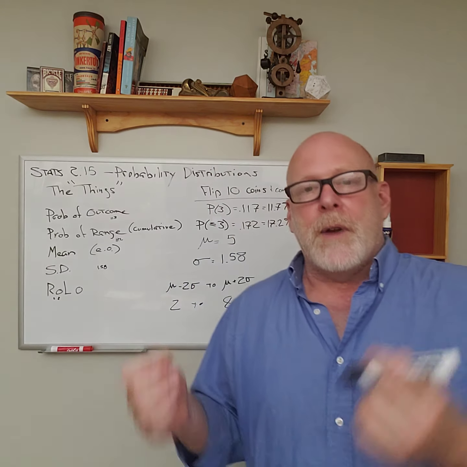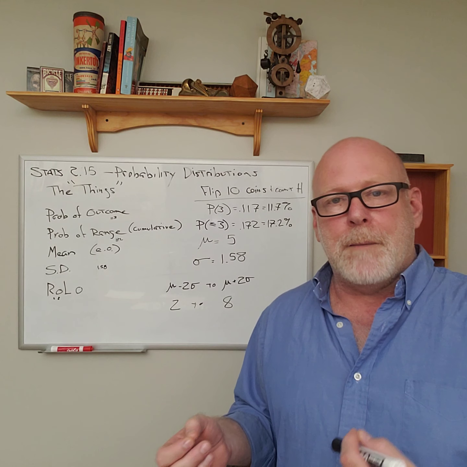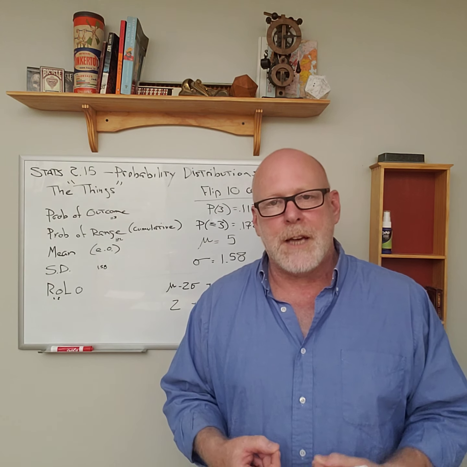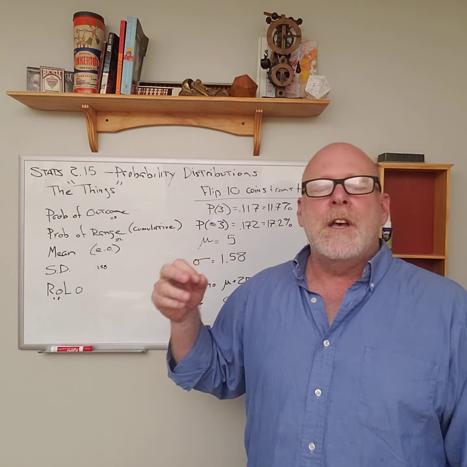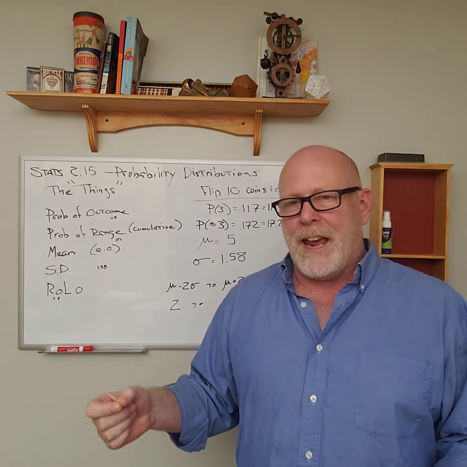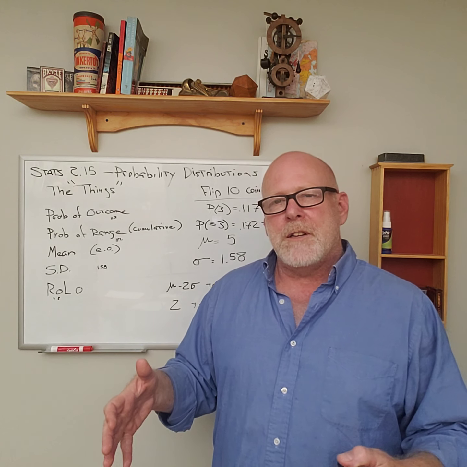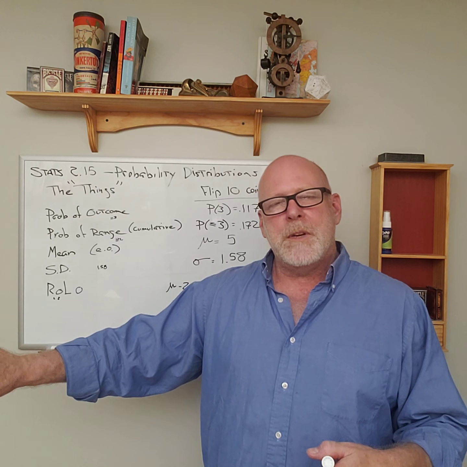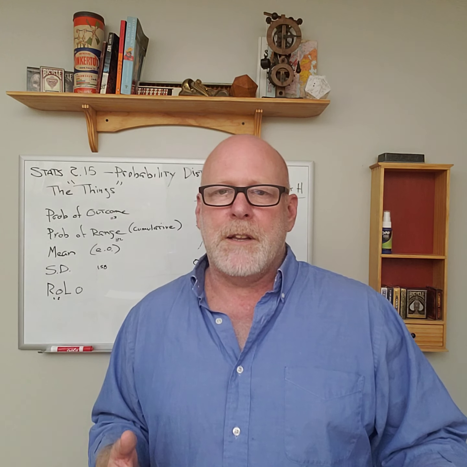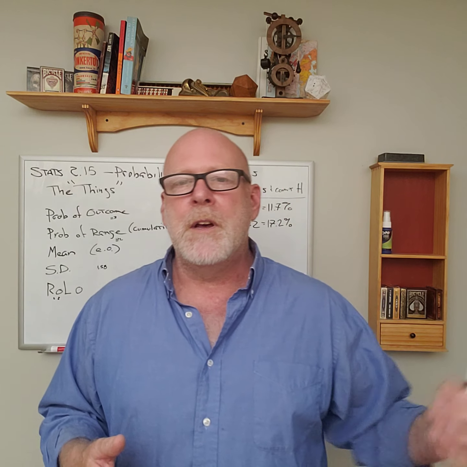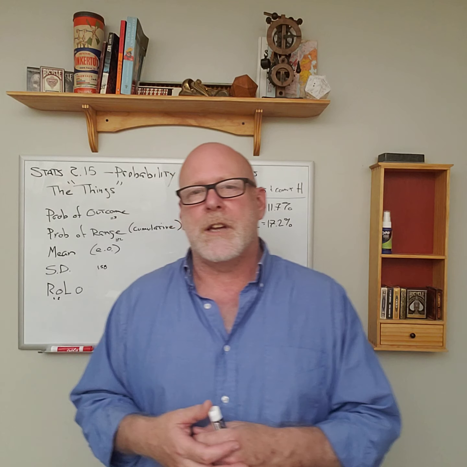Okay, so the range of likely outcomes is from 2 to 8. That means that 95% of the time, on average, if you flip a coin 10 times, you will get between 2 heads and 8 heads. 2.5% of the time, you'll be lower than that. You'll get 0 or 1 head. And 2.5% of the time, you'll get more than 8, which would be 9 or 10.